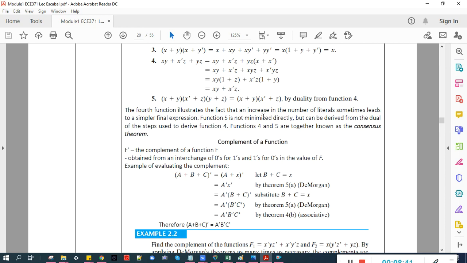Function 5 is not minimized directly, but can be derived from the dual of the steps used to derive function 4. Functions 4 and 5 are together known as the Consensus Theorem, where we predicted the output using the duality property, since these two functions are duals of each other.